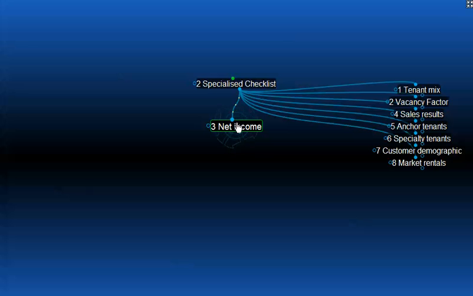Now, there are many different types of expenditure. Council rates and municipal rates, insurances, energy consumption, all of those things will have a big impact on the net outcome for the client, the net income. And those things, of course, will take a large slice of the expenditure structure for the property. So I would like to drill down into the net income structure, the expenditure for a property. A checklist will help me do that.